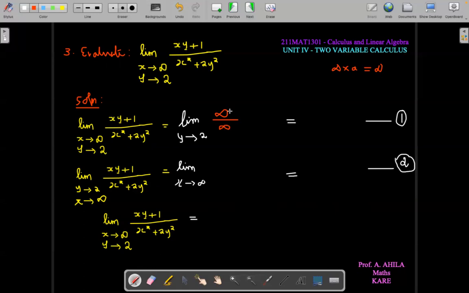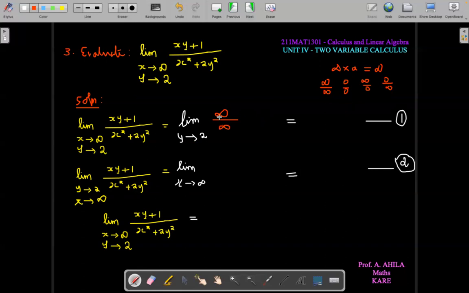So this is called an indeterminate form. There are many indeterminate forms, that is undefined forms: infinity by infinity, 0 by 0, infinity by 0, 0 by infinity. You could have learned these in lower classes in L'Hospital's theorem. So you should not do it like this.